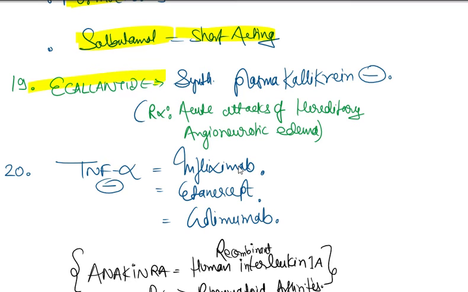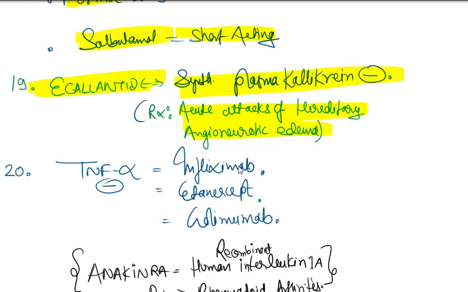Okay, next one, ecallantide. It is a synthetic plasma kallikrein inhibitor. It is used in acute attacks of hereditary angioneurotic edema.